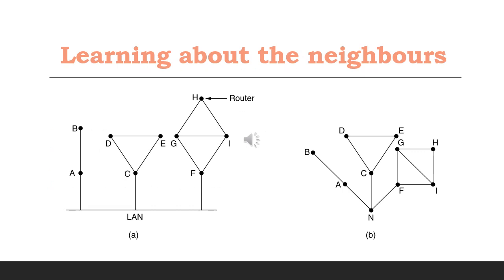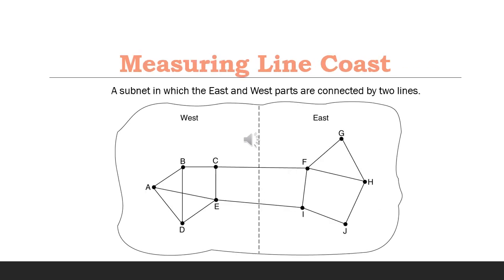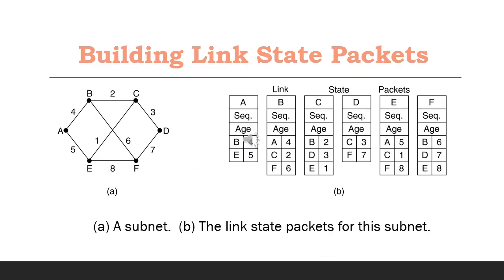So first of all, we'll make a tree out of it. Now I'll measure the cost, measuring line cost, a subnet in which east and west parts are connected by two lines. Now building link state packets, we have packet number, name A, sequence, age, and neighbor and the distance related to that neighbor.